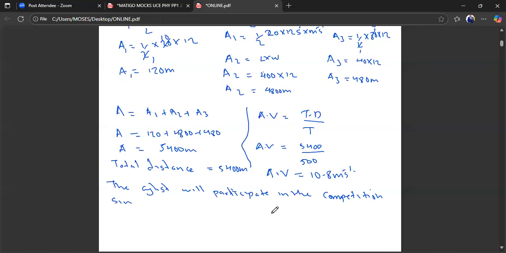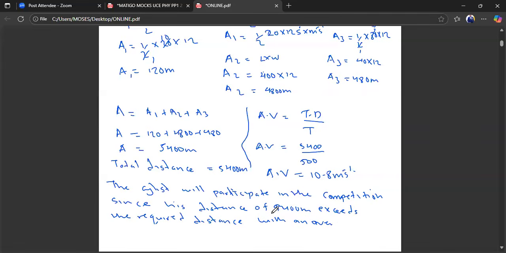since his distance of 5400 meters exceeds the required distance, with an average speed of 10.80 meters per second.